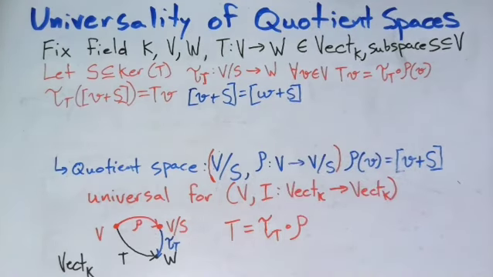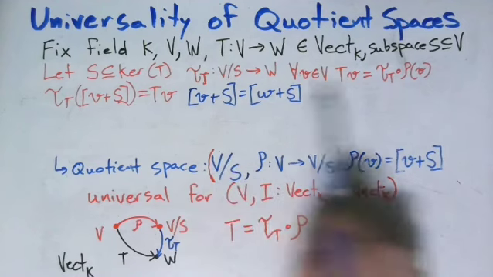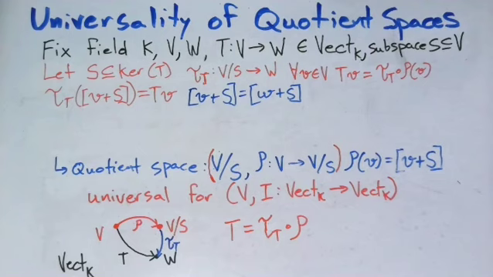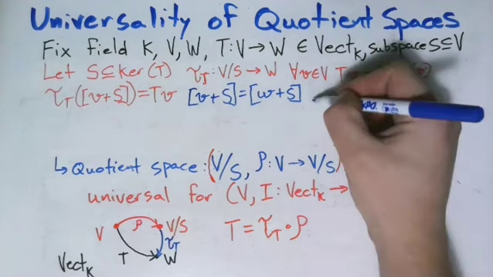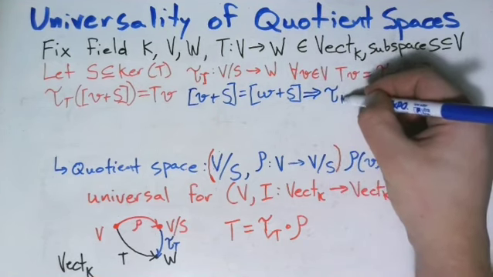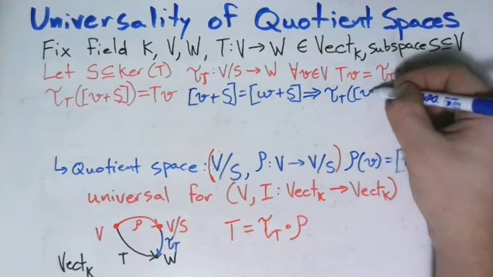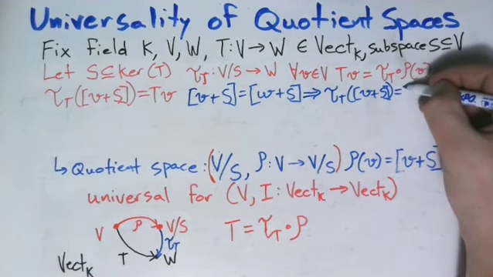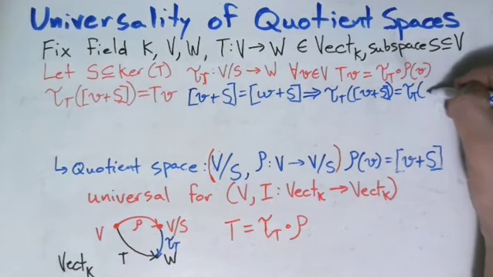So v and w here map by rho to the same equivalence class, v plus S. And if that's the case, then we need to show that this implies that tau of t of v plus S has to be equal to tau of t of w plus S.